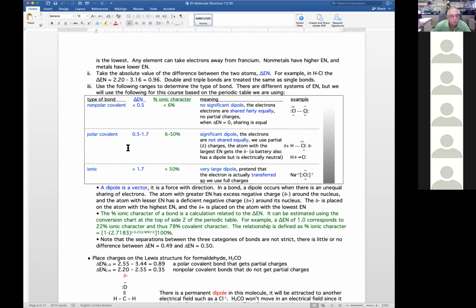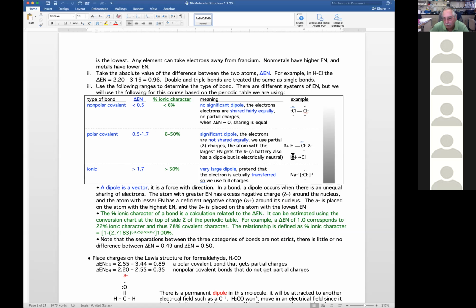Well, what if the difference in electronegativity is between 0.5 and 1.7? Then we call it a polar covalent bond, and this is what we saw in water. There is a significant dipole because the electrons are not shared equally, and we use partial charges. The atom with the largest electronegativity gets the partial negative. So chlorine is 3.16, this is 2.20, so electrons are being pulled in that direction.